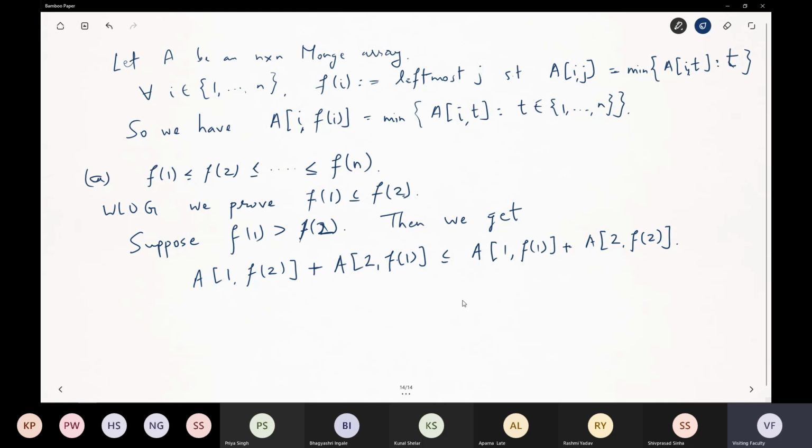Is that okay? Just check. This is the definition of boundary array because f2 is less than f1. Okay, f2 is the smaller element, right?